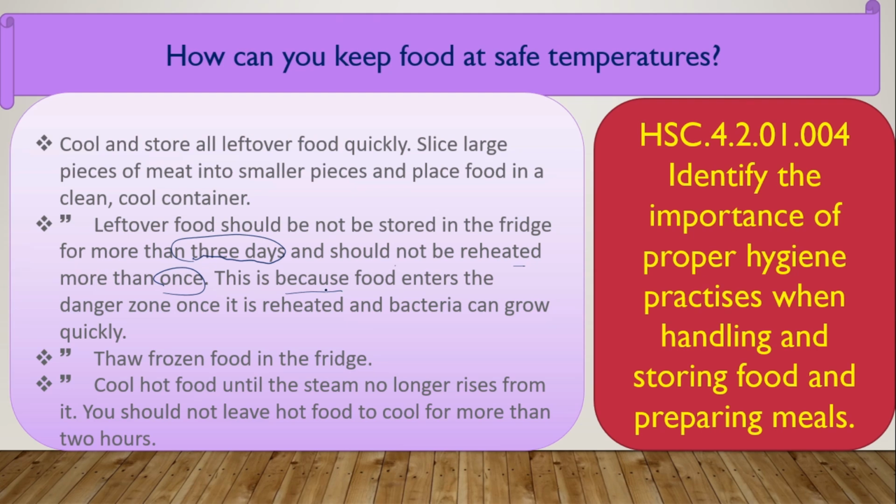This is because food enters the danger zone once it is reheated and bacteria can grow quickly. For frozen food, thaw it in the fridge. Cool hot food until the steam no longer rises from it. You shouldn't leave hot food to cool for more than what? 2 hours. Okay, this is how you can keep food at a safe temperature.